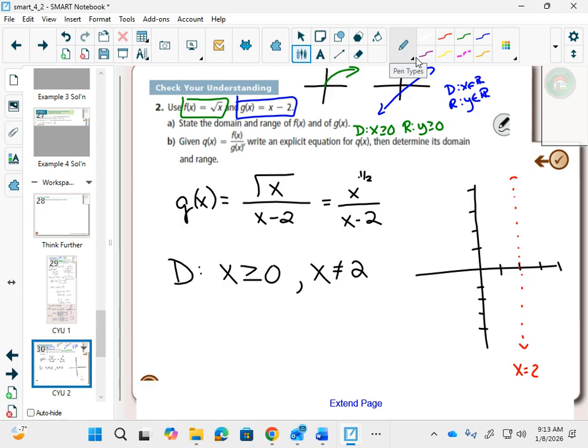And from our chapter 2, whenever the degree was bigger, and right now the degree on the bottom is an x to the 1, the degree is bigger on the bottom, we're going to have a horizontal asymptote at y equals 0. So even though we never had square roots on the top, we can use that idea from chapter 2 to figure out that there would be that vertical asymptote.